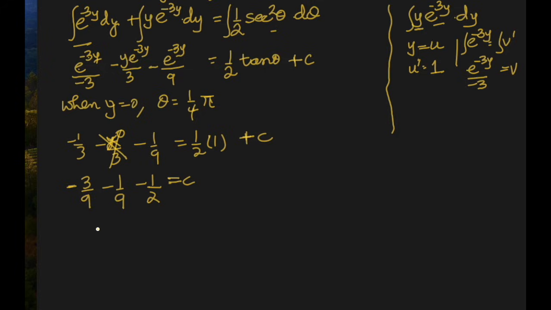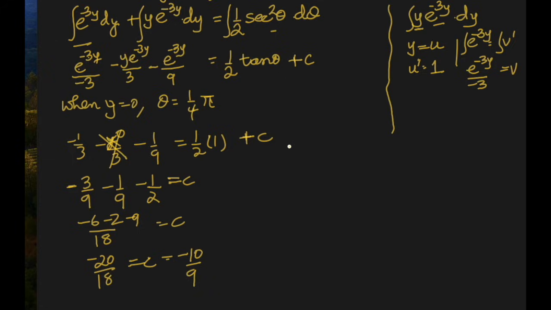So LCM is 18, this will be minus 6 multiplied by 2 minus 2 multiplied by 9, so minus 9, equal to c. So 6 plus 2 is 11, 9, 20, minus 20 over 18 will equal to c, which is minus 10 over 9.